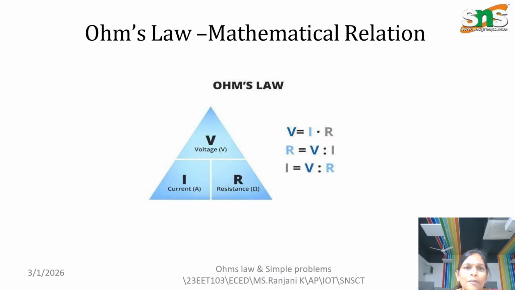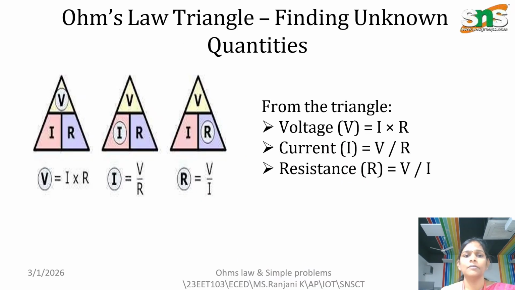Mathematically, it is represented as V equals I times R, where V is the voltage, I is the current, and R is the resistor. This is a simple equation that allows you to calculate any one of the quantities if the other two are known.